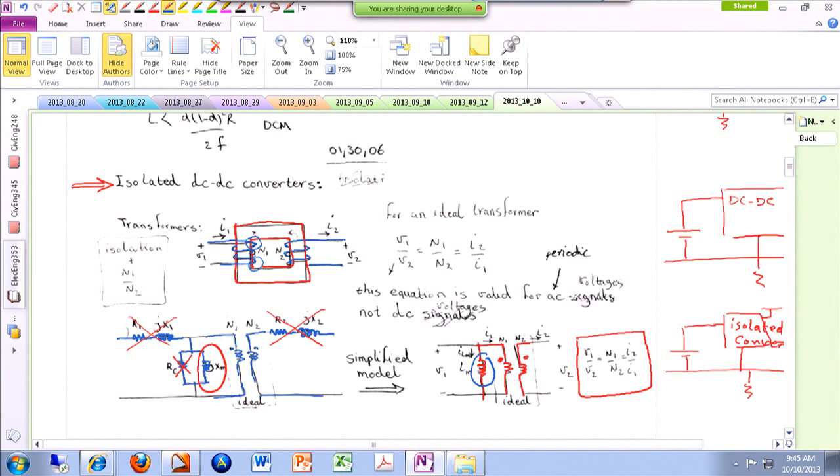There is a significant difference between these transformers that we use, and sometimes we just call them coupled inductors, by the way, versus the transformers that people use, for instance, in power systems. In power systems, obviously, the transformers are very large because they have to process a lot of power, and the frequency of those transformers is low, like 50 hertz or 60 hertz.